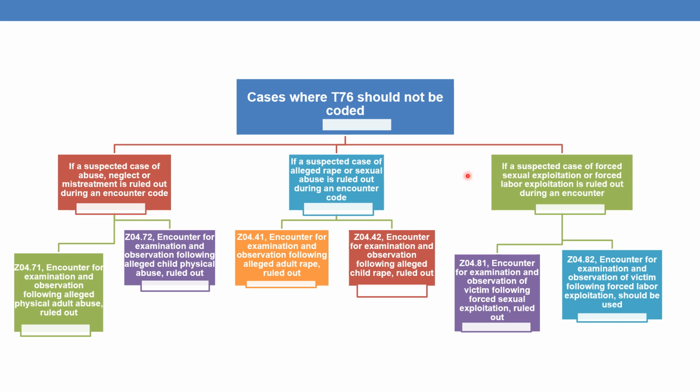Third case: if the suspected case of forced sexual exploitation or forced labor exploitation is ruled out during an encounter, the appropriate codes would be Z04.81, encounter for examination and observation of victim following forced sexual exploitation, or Z04.82, encounter for examination and observation of victim following forced labor exploitation, should be used whenever it is ruled out.